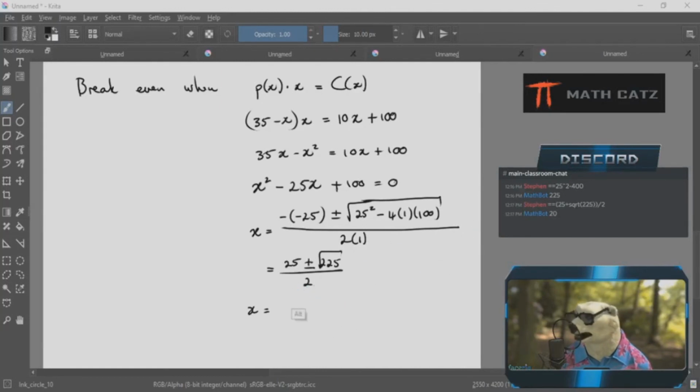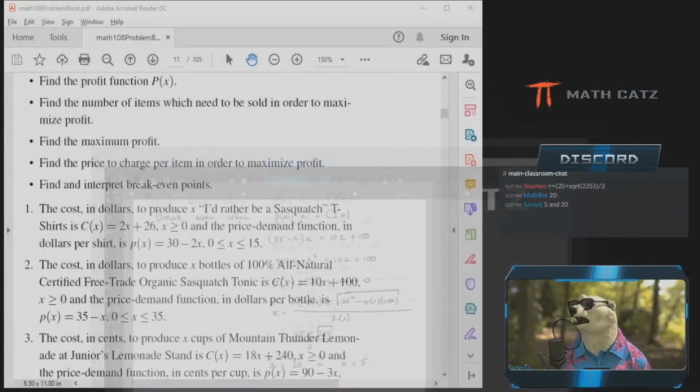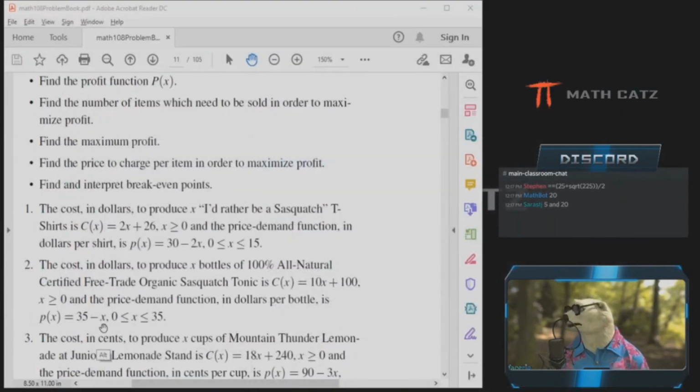Hopefully someone can confirm the 20 that I get, or I'm going to let you do the minus one. Oh, you already did it. I didn't even ask. You're so efficient. 5. Very nice. Now in this case, did they give me any restrictions? X range is 0 to 35.